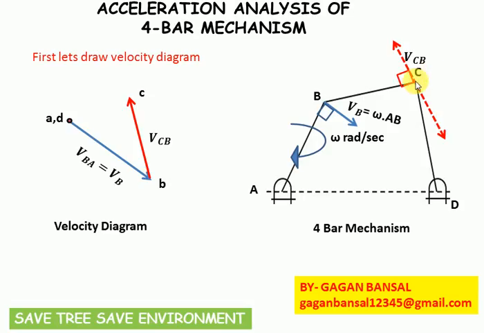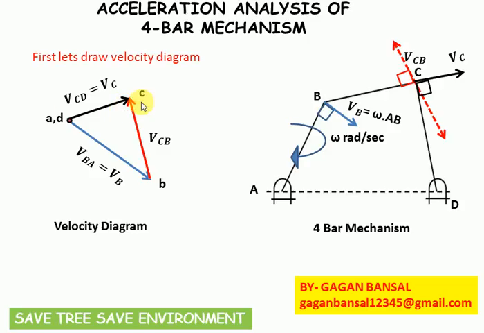Now the velocity of point C with respect to D, when we are considering the link CD, is perpendicular to link CD, and its magnitude will be omega of CD multiplied by the distance CD, though we don't know the omega this time. Since we know the configuration diagram, from point d or a, we'll draw a vector perpendicular to this link CD, which will meet the vector bc at point c.